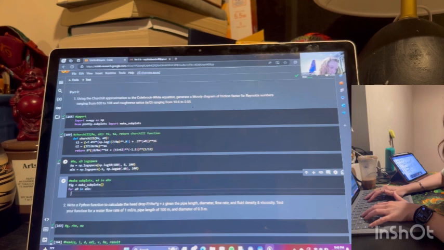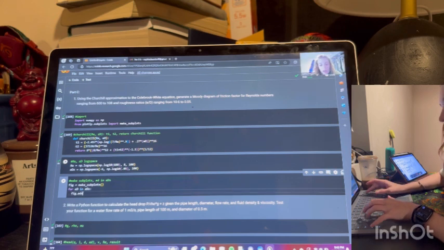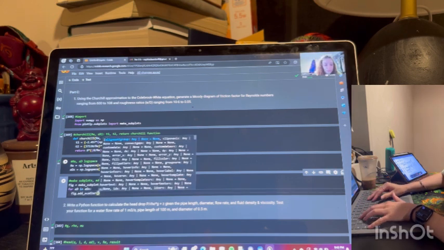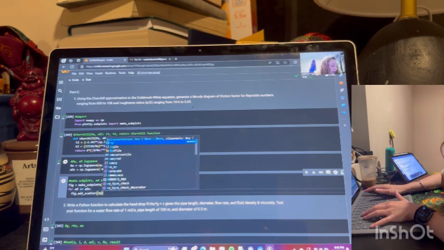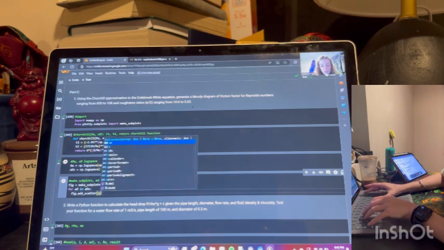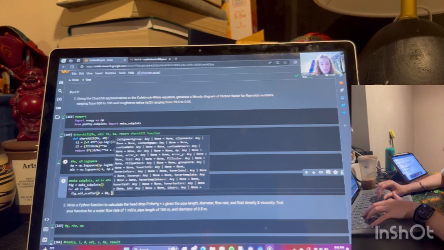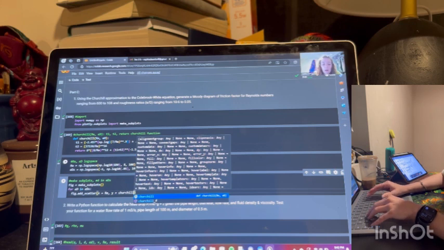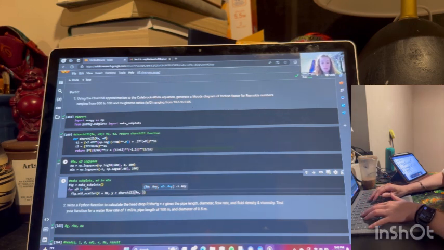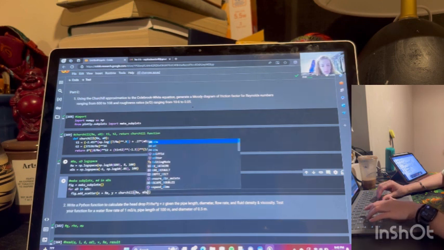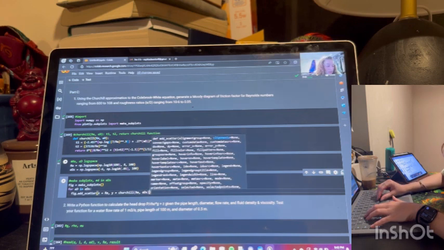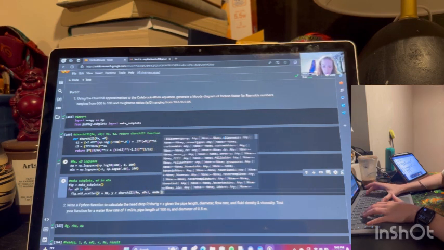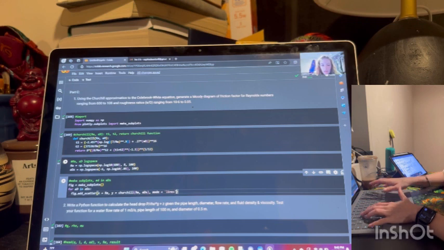And then we're going to do our fig.add_scatter, and that's going to be doing x equal to the Reynolds number, our y equal to the Churchill for our RE and the EDs. And then we're going to select our mode as being lines.